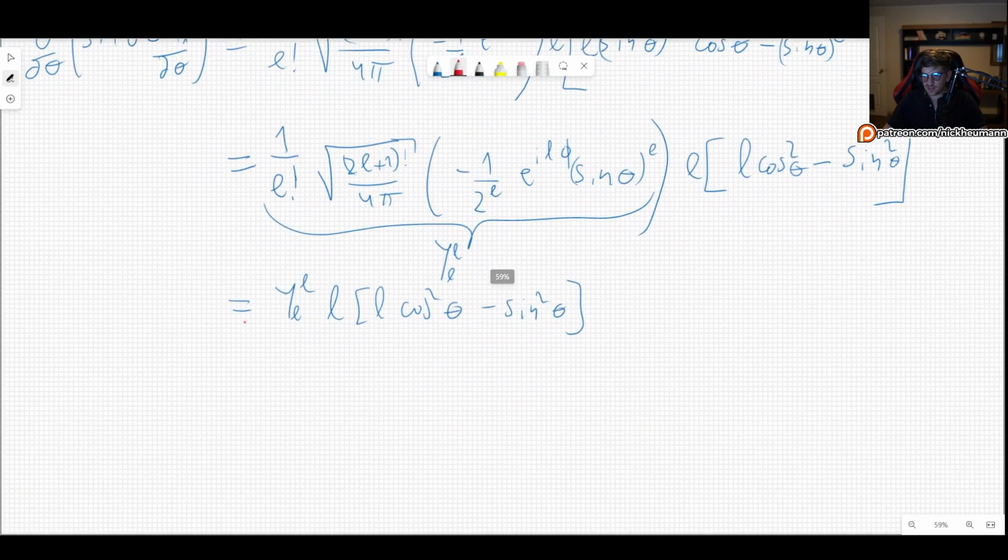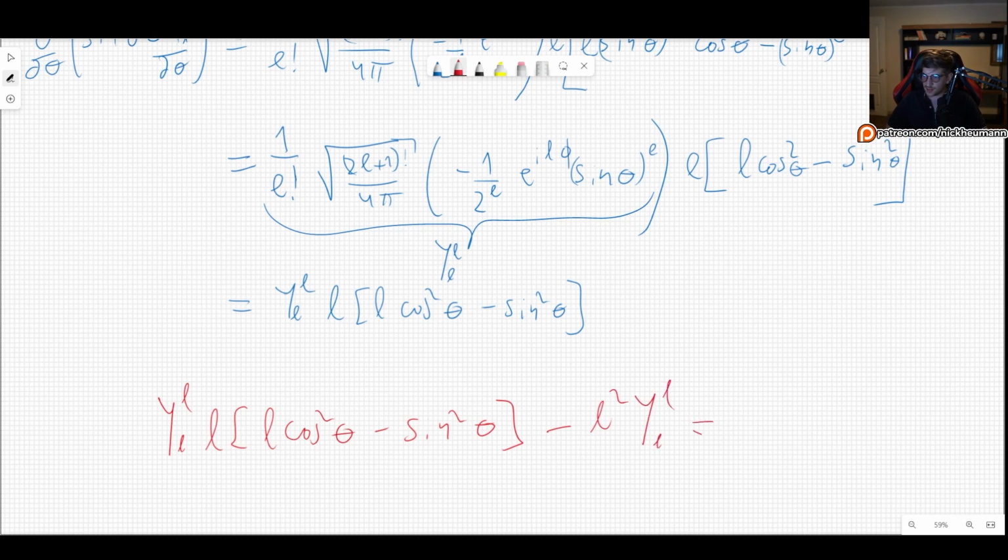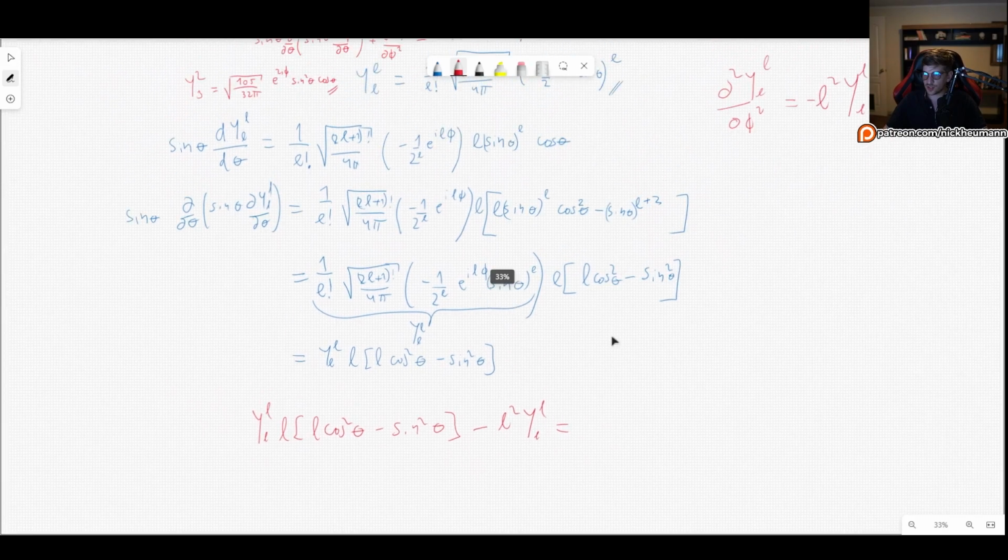So this is what we know as the first part. First we have Y_LL times L cosine squared of theta minus sine squared of theta. And then we have the second derivative with respect to phi, so we get minus L squared Y_LL. And this has to be equal to, let's see, what is on the other side?